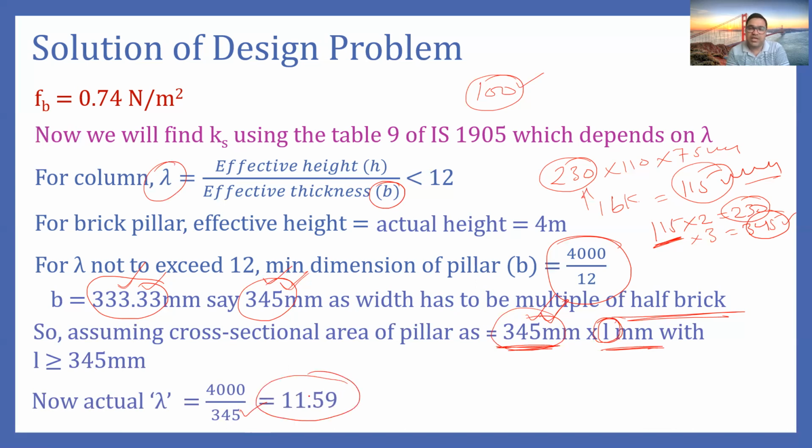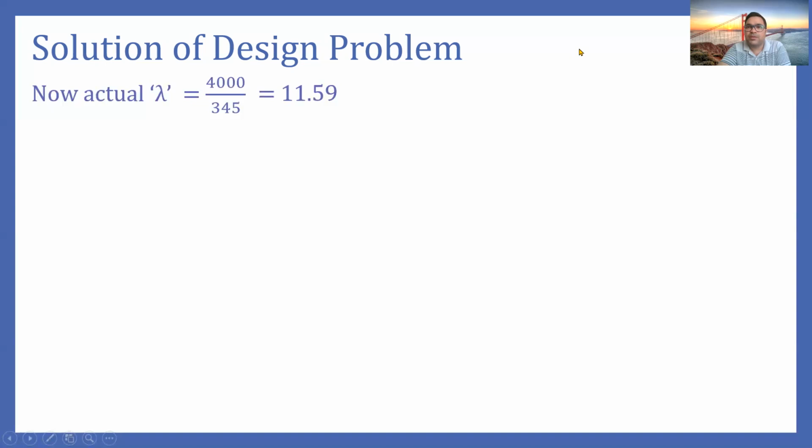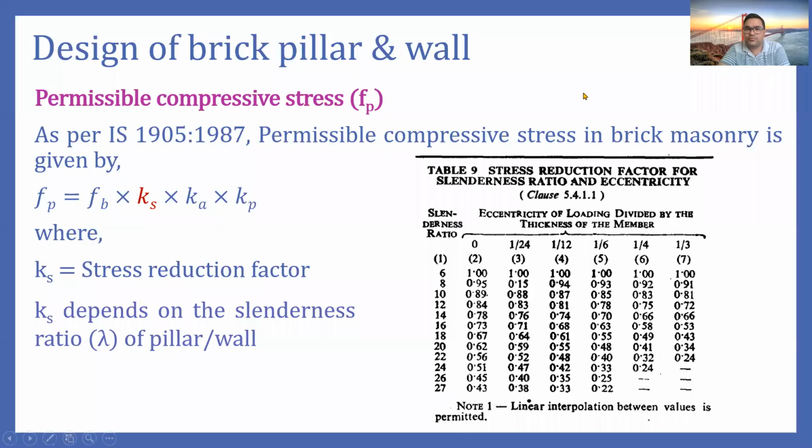So now we have the value of lambda. We can calculate the value of Ks by using table number 9. Here we have table number 9, and the value of lambda for our case is 11.59.